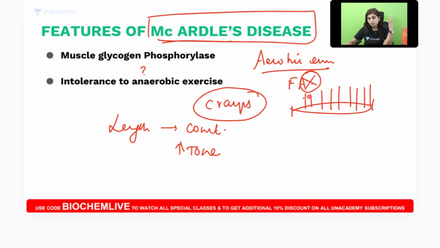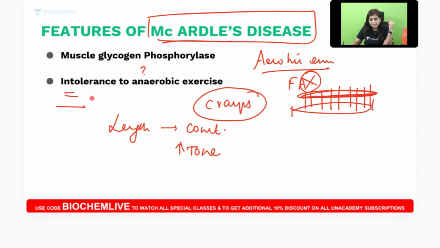Blood vessels getting into those muscle fibers will get constricted. When blood vessels get constricted, will the muscle be able to get oxygen from the circulation? There is no access to oxygen. And that is why we call it anaerobic exercise. Do you all understand this? So what do you mean by anaerobic exercises, all of you?